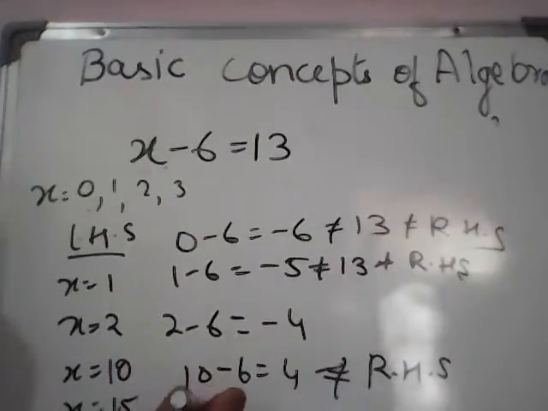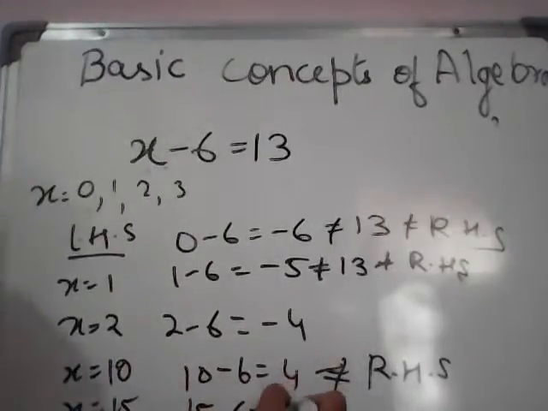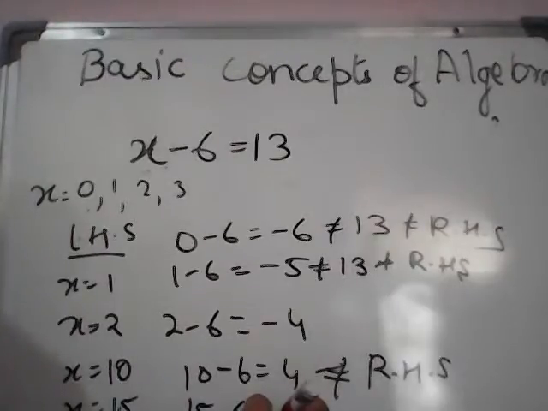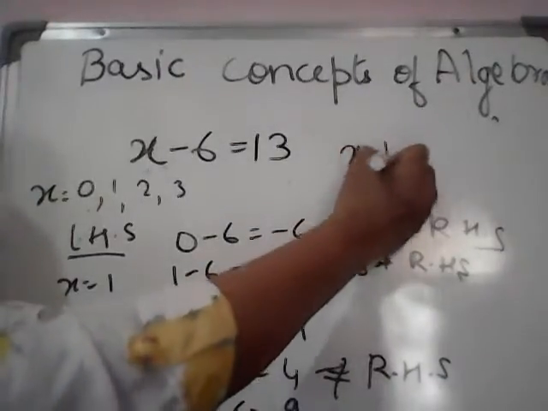Again, we need a bigger number. If we put 20, 20 minus 6 is 14. So we need one number less than 20, x is equal to 19.